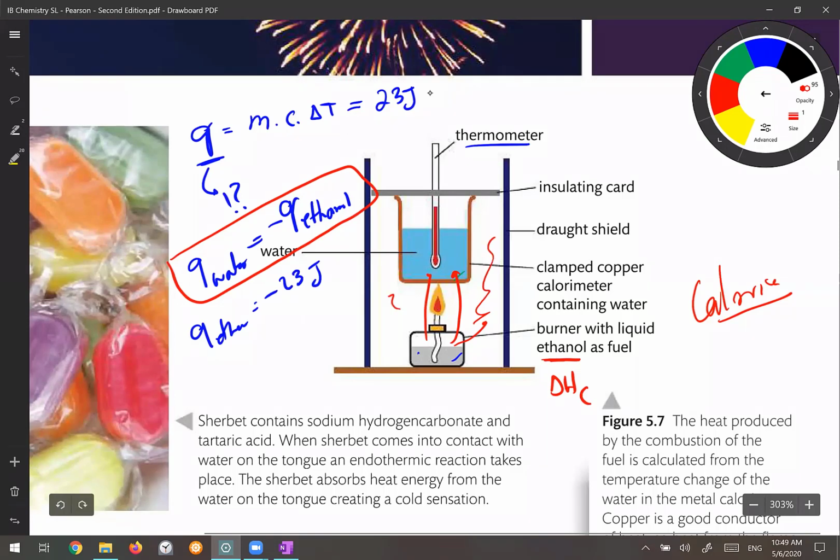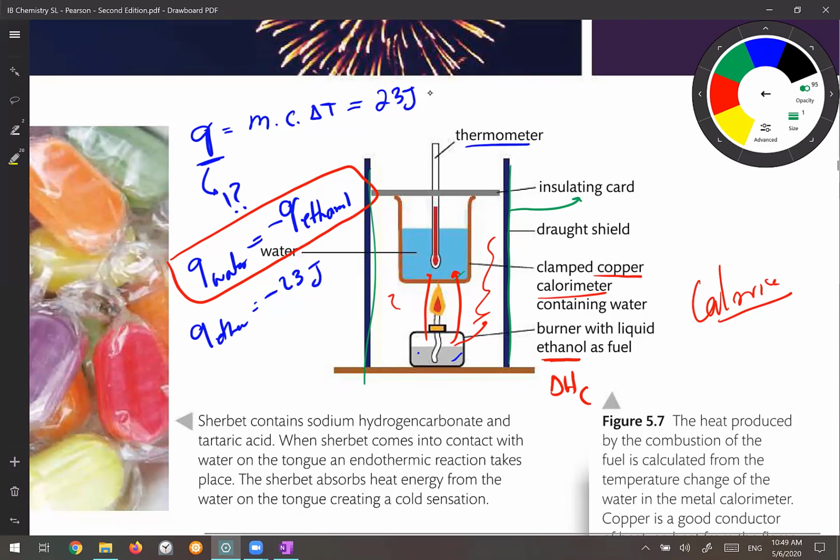Some energy transfers to this container. The container is made from copper. That's why we call this system a copper calorimeter. And what do we have here? These two walls are insulators. What is an insulator? An insulator is a substance that doesn't transfer the heat, or its heat conductivity is very low.